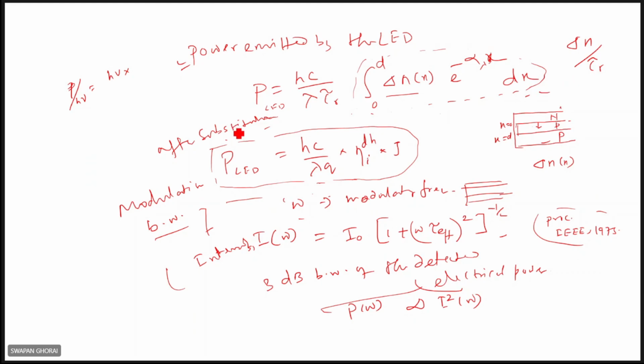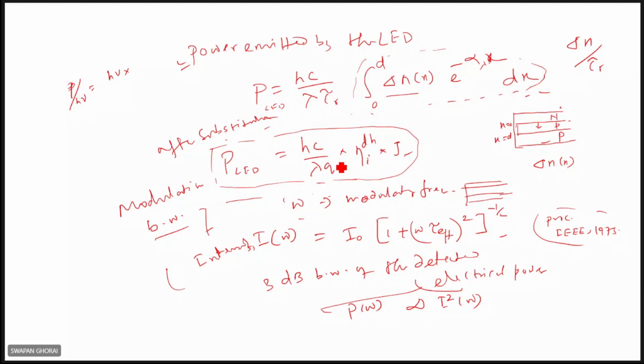And this delta n(x), we have seen how it can be determined. After substituting delta n(x), you will get hc by lambda q into eta idh times J. What is eta idh? It is the differential internal quantum efficiency, which accounts for self-absorption and also for surface recombinations. So if you solve it, you get hc by lambda q into eta idh times J, where J is the current density.